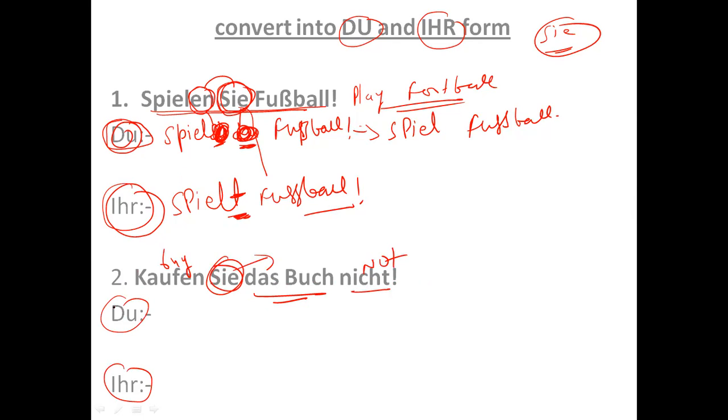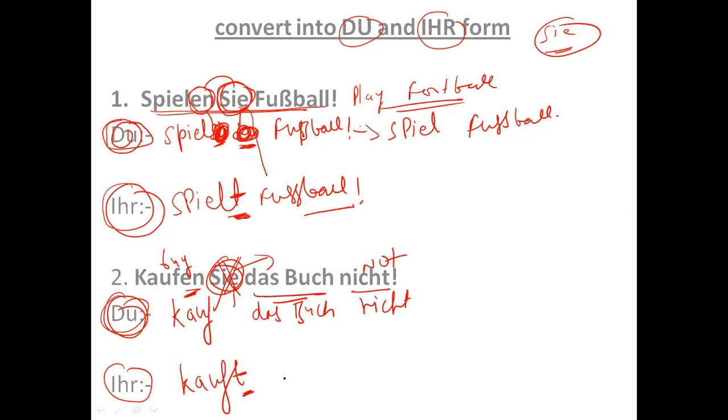If I need to write in du, this Sie will not come because I'm going to change into du form. And this ending I should change. So the ending should be -st, and the ending will also not come, right? Hence it should be "kauf" and no ending, and then "das Buch nicht", right? And here "kauft", the -t ending will come, but ihr will not come, hence "das Buch nicht", right?